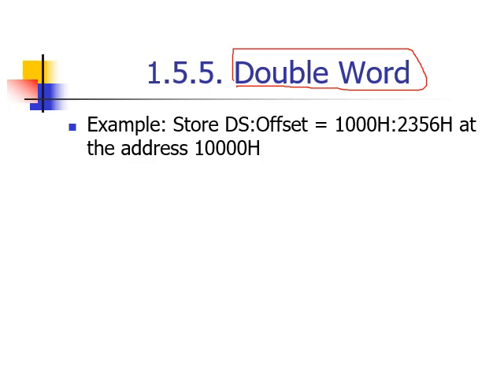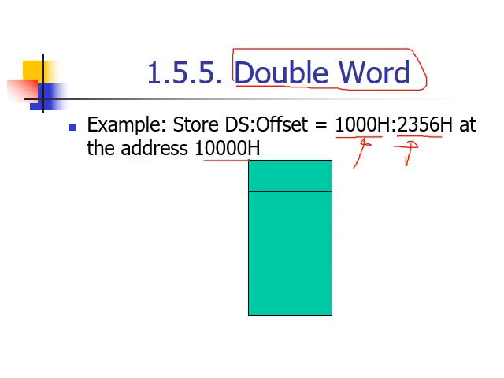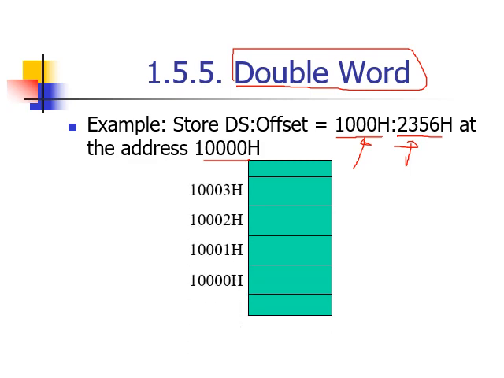Okay, to store addresses in. The value inside your segment register and the offset, each of them needs a word, 2 bytes, to store it in. If such an address is to be stored here, again you would have 4 memory locations. So you add 1, another 1, and another 1.